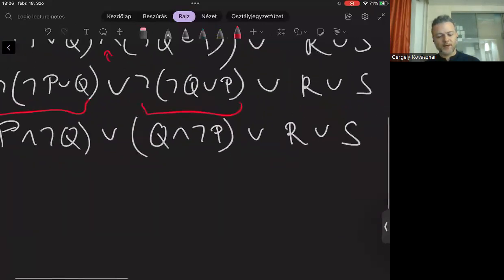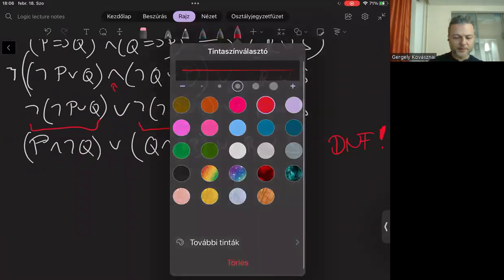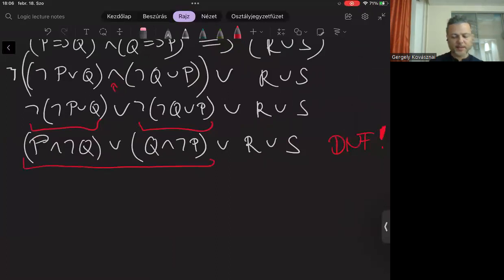Okay, so we have a very long formula here. Therefore, what I'm going to do is the following. I'm going to apply the distributive law to this part first, and then we will see what is going to happen with the rest. So here, I'm going to form a pair of this guy here and P, and Q. This will be the first pair.